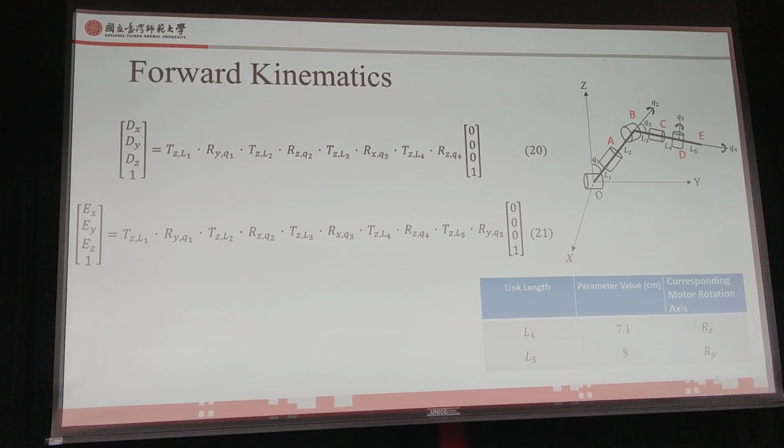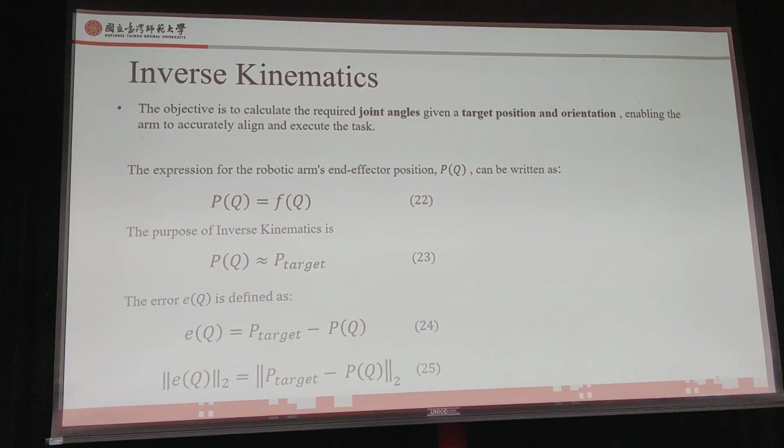Final output of the forward kinematic function. In summary, target position, as shown in equation 22.